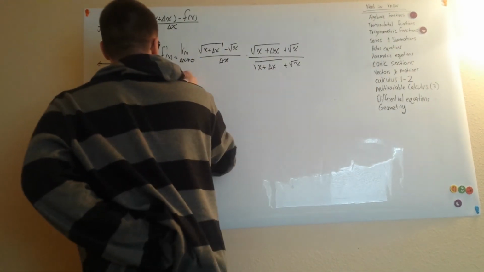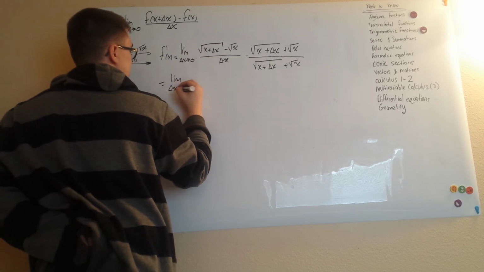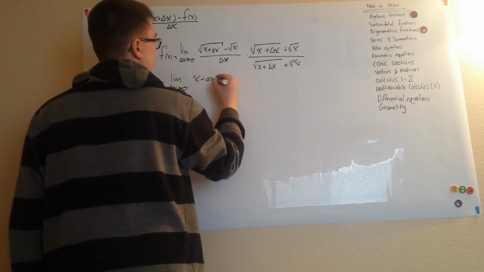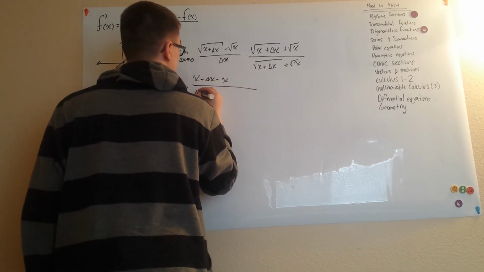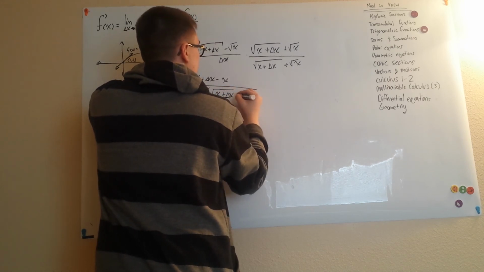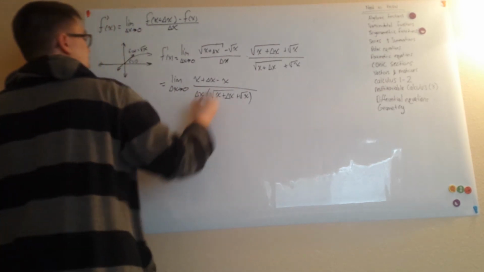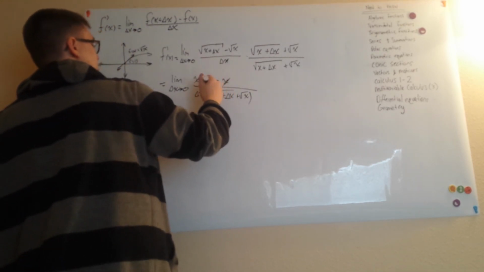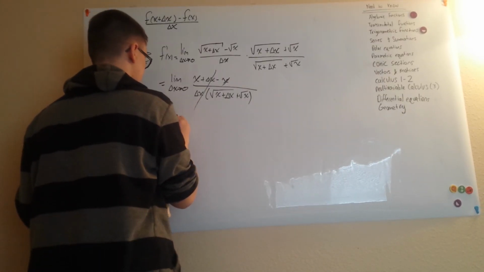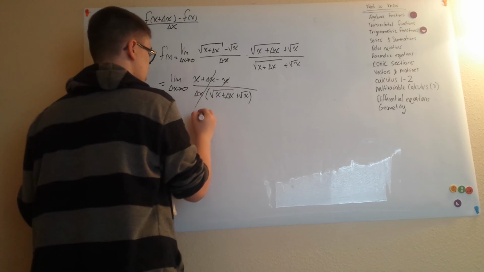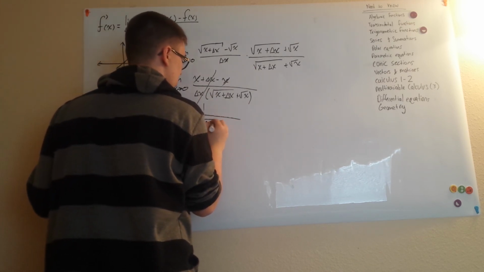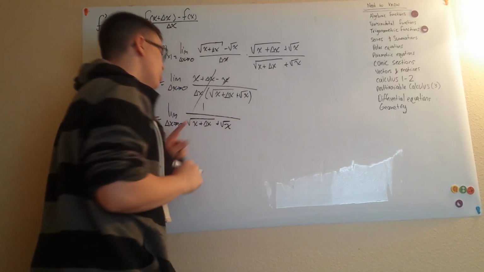What happens here is we get the limit as delta x approaches 0 of x plus delta x minus x, over delta x times the square root of x plus delta x plus the square root of x. Now the x terms cancel out, and this is the only term that cancels with that. Now the limit as delta x approaches 0 of this thing right here: we just put in 0.